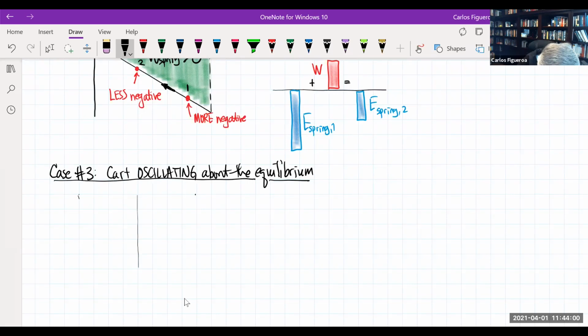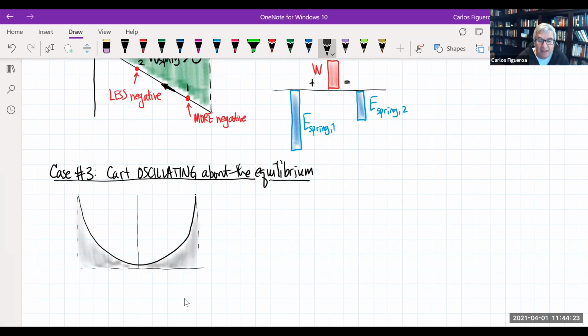So let's see if I can draw a good curve. That looks good enough. Remember, in the energy world, this is something you can't escape. You can't go through that spring energy field.